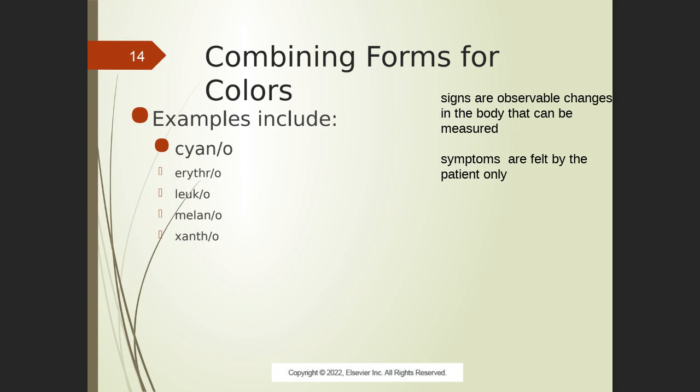So colors are important to us. So we're going to use combining forms to define these colors. So cyan means blue. Erythro means red. Leuco means white. Melon means black or dark.